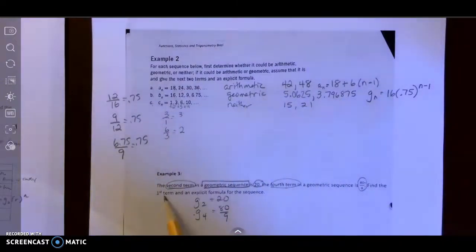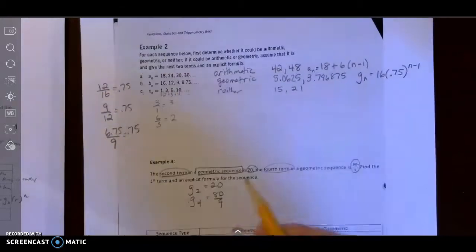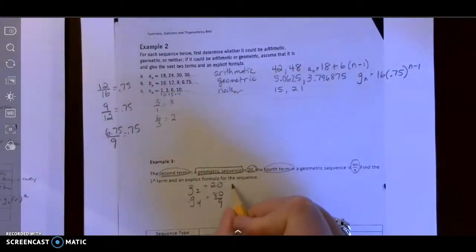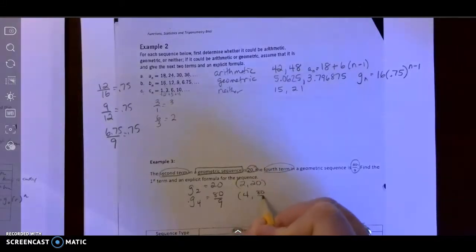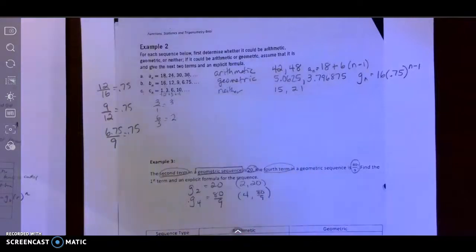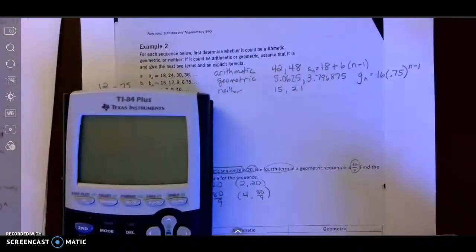Find the first term and an explicit formula for the sequence. All right, so what I'm going to do is use my calculator. The second term is 20 and the fourth term is 80/9. I'm going to rewrite these as ordered pairs, (2, 20) and (4, 80/9). And I'm going to go to my calculator.